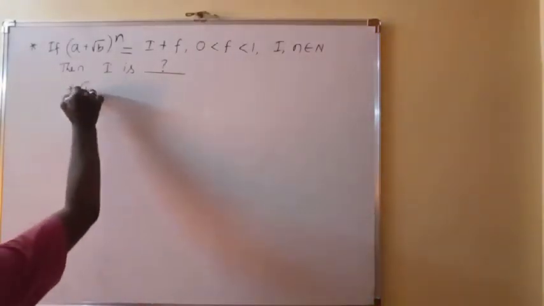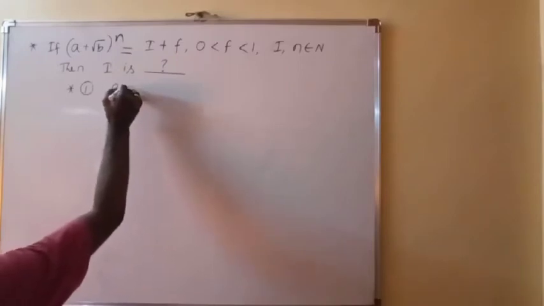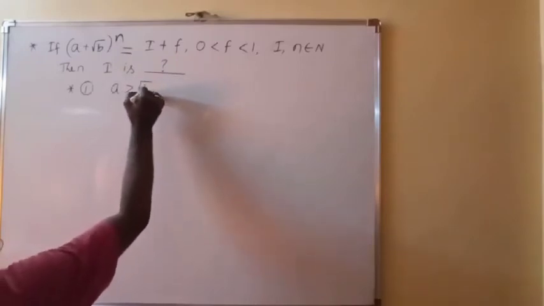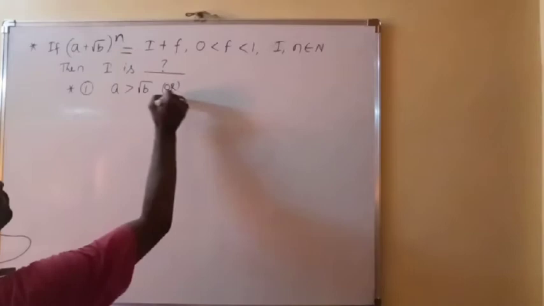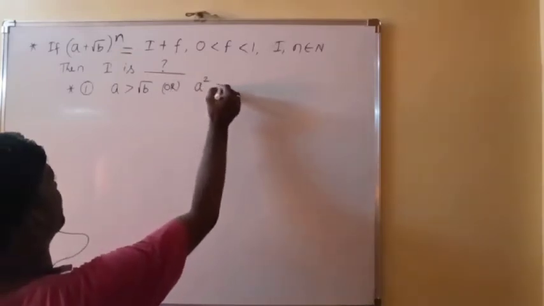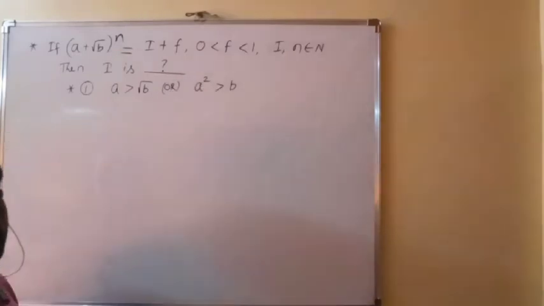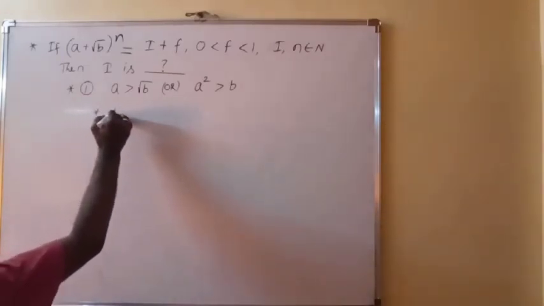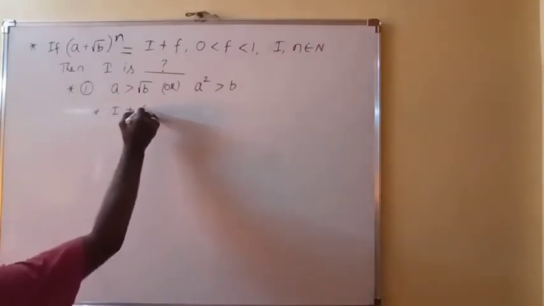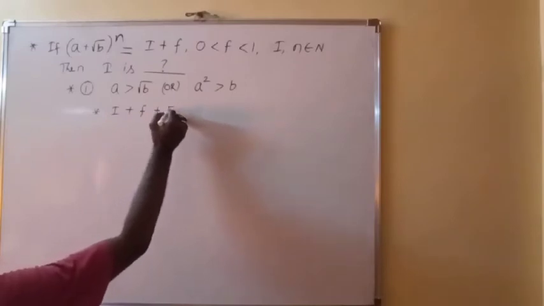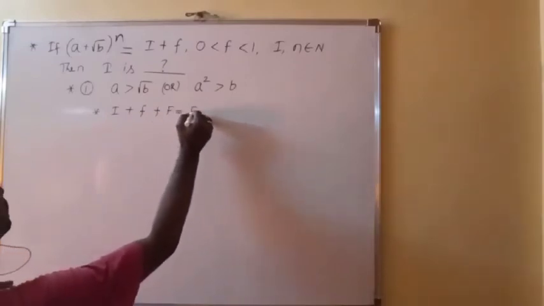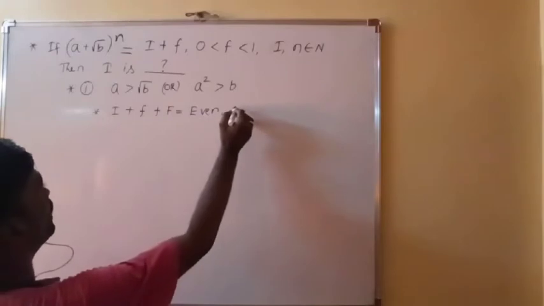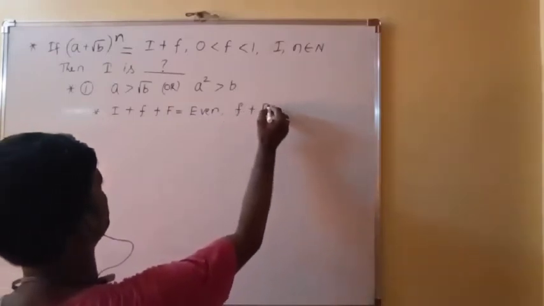Case 1: suppose a is greater than √b, or a² is greater than b. Then in this case you will get I + f + F is an even number, and f + F is 1.